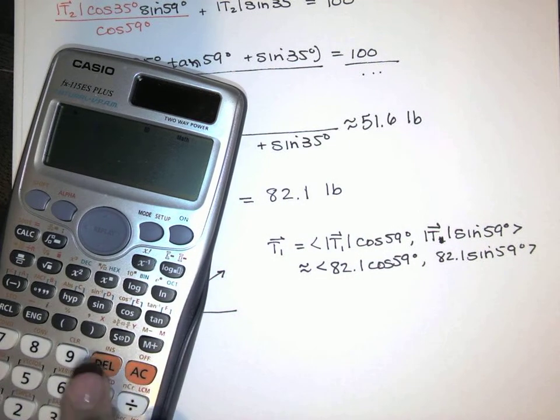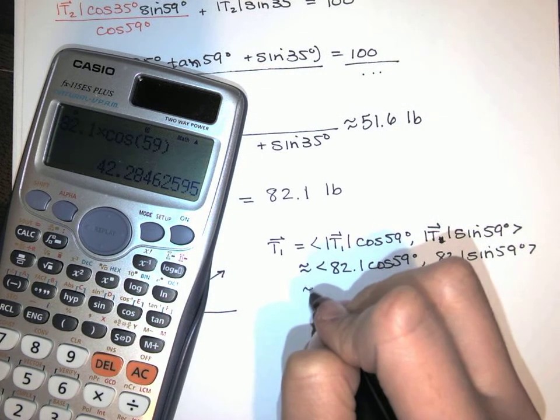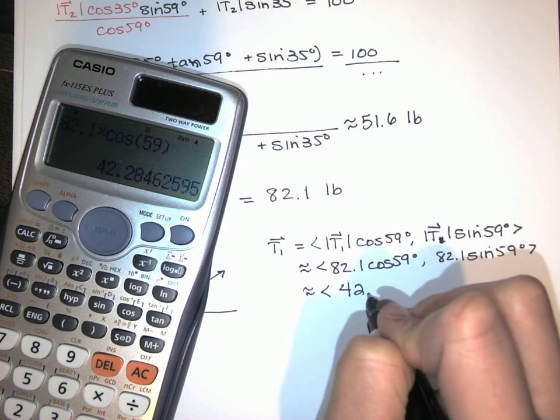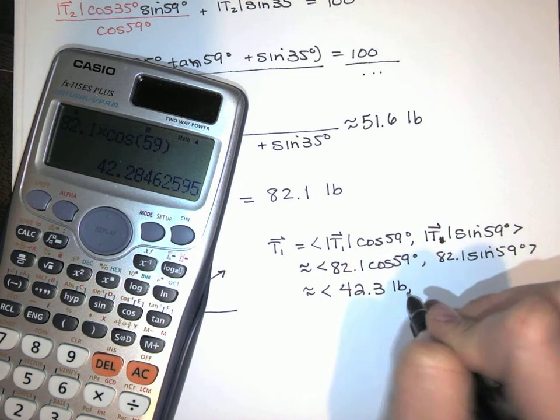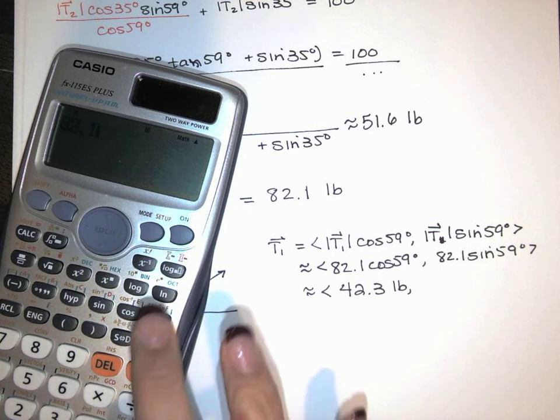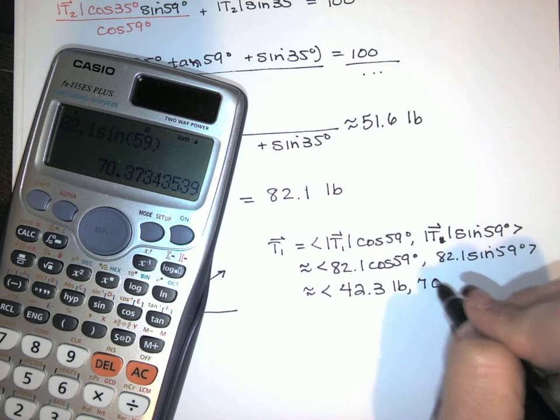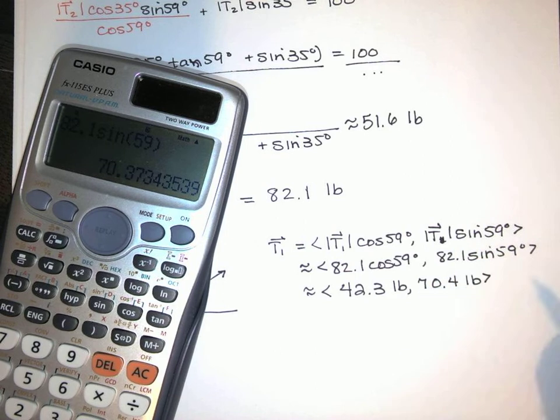So let's figure that out. Approximately 82.1 times cosine of 59 is approximately 42.3 pounds in the x direction. And then I've got that times sine of 59, which is approximately 70.4 pounds in the y direction.